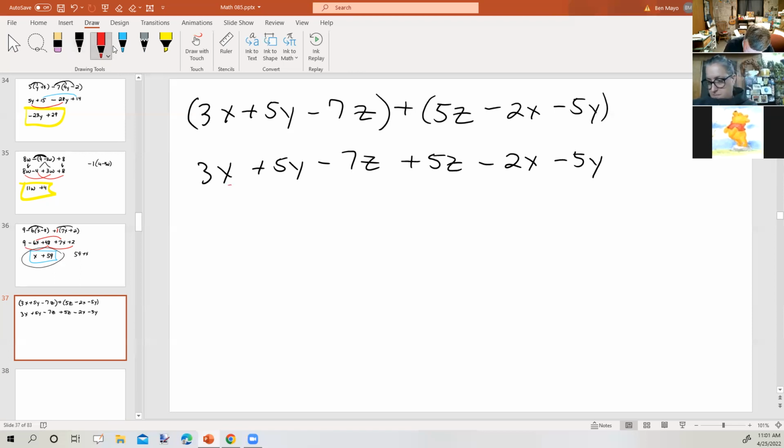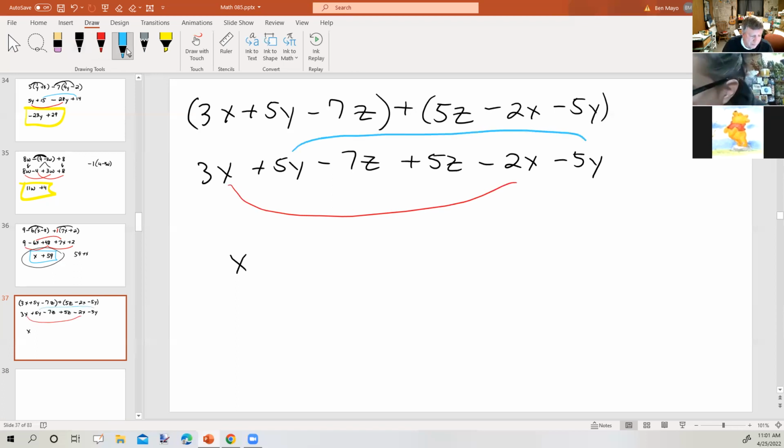So let's see. I'm going to put the x's together. 3x minus 2x is 1x, or just x. 5y minus 5y is 0y. And at this point, I don't need to write plus 0y. Basically, those are just going to cancel each other out.